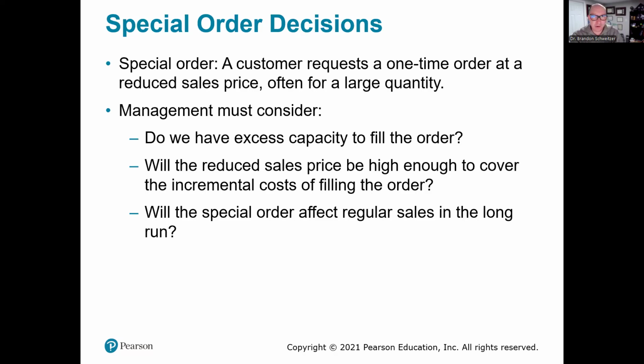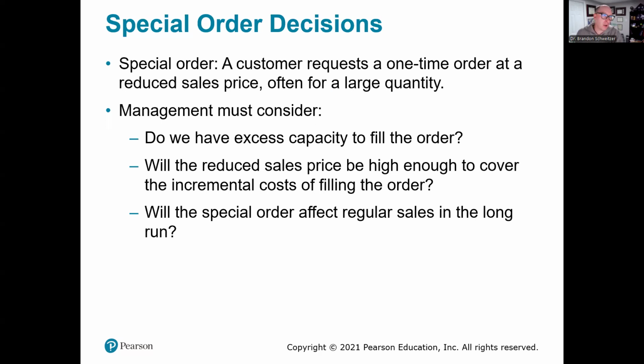It's typically at a reduced sale price on a per unit basis for a large quantity. Do we have the ability to do this? Do we have the capacity? If it's at a reduced sales price, will it be enough to cover our cost? Will the special order affect our regular sales along the way? So these are all considerations that we need to make.